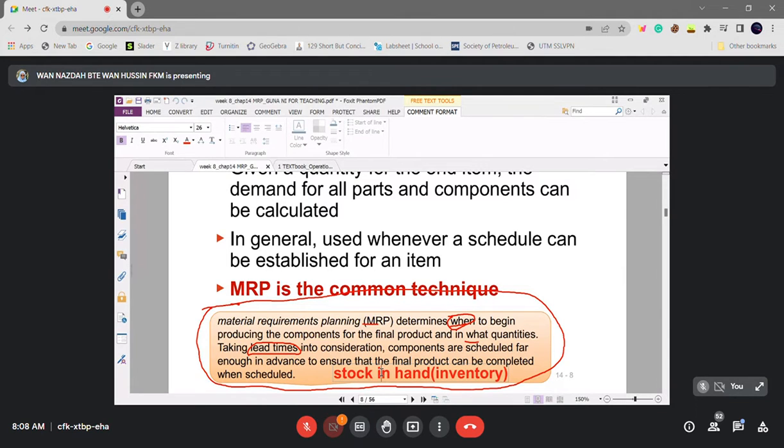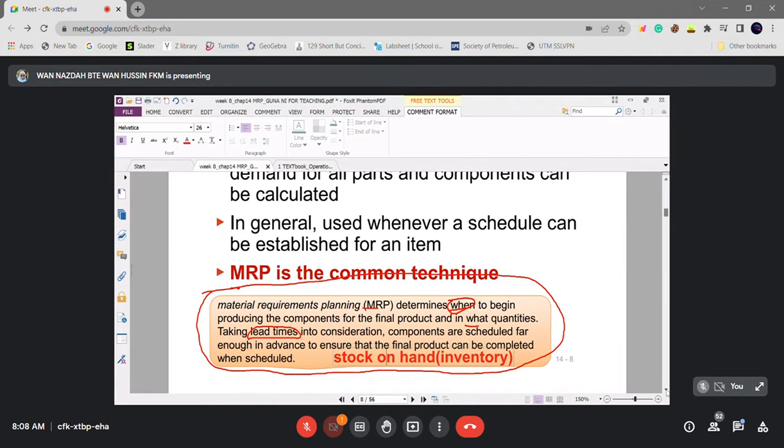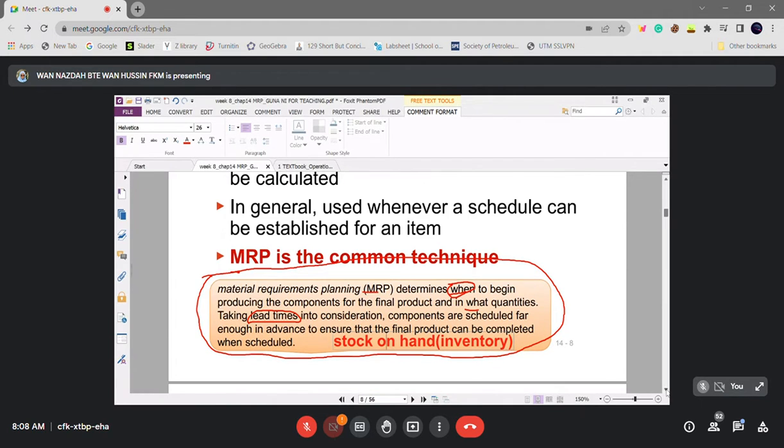Stock in hand ke stock on hand? On hand. Grammar bertergabung. Alright, are you done? Senyap je ni. Dah?